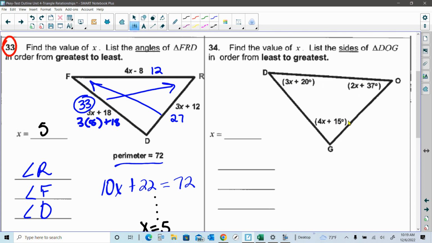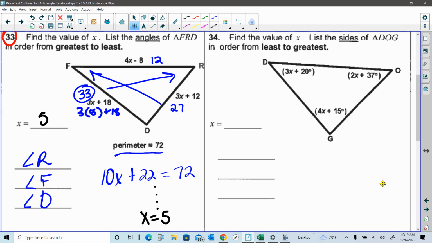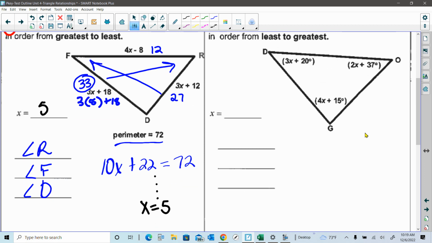Because they gave you the interior angles, you should add these up and make it equal 180. This was just like number 4 and number 5 earlier, so I'm not going to do this. If you need help, look at number 4 and 5.